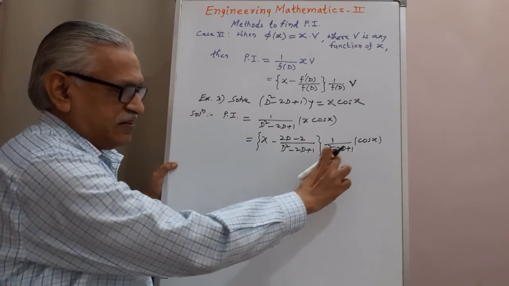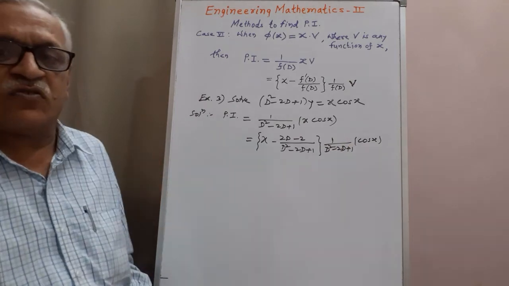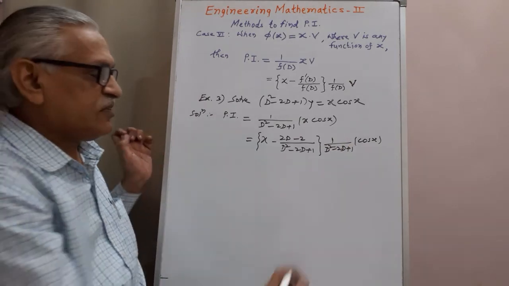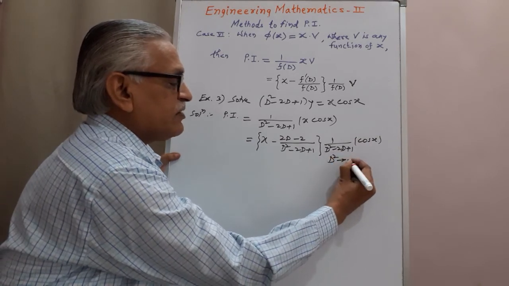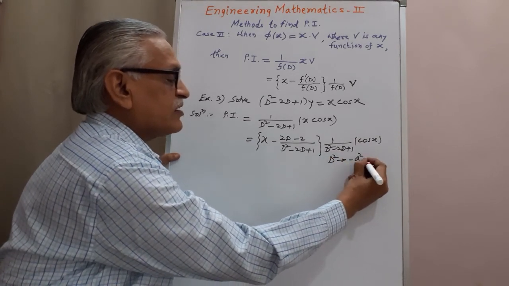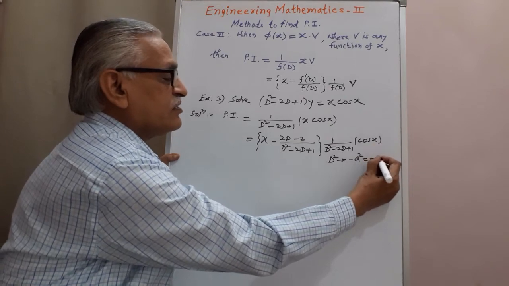And as it is operated on a sine or cosine type of term, here it is a cosine term, we apply that rule. We have to replace D square by minus a square. A is here 1, 1 square is 1.